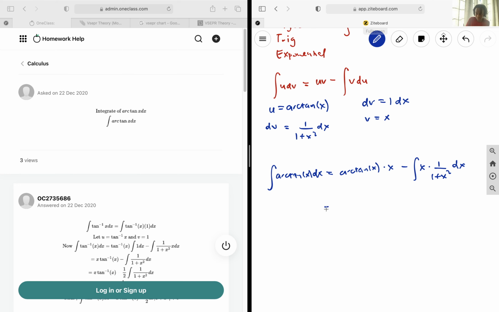Okay, so this is going to give us x arctan x minus the integral of x over 1 plus x squared dx.